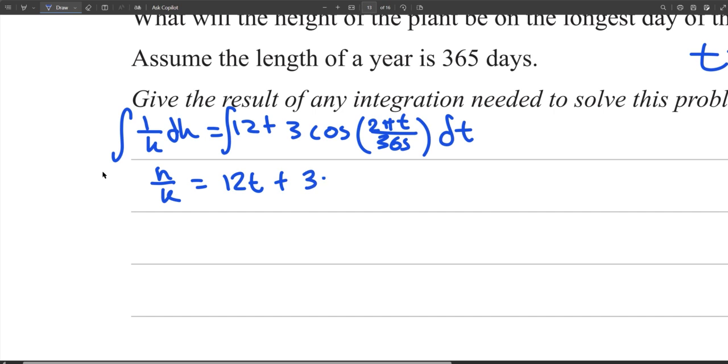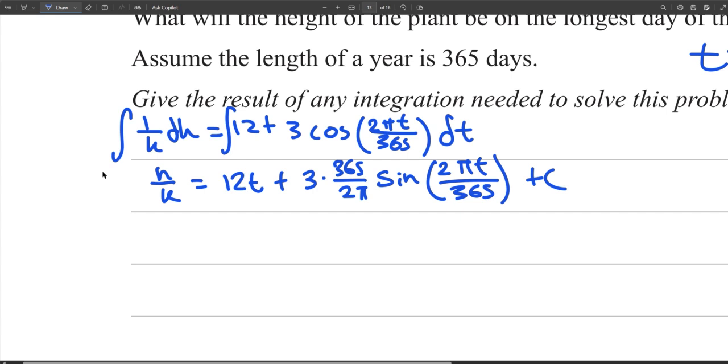The derivative of 2 pi on 365 times time would just be 365 on 2 pi. And the integral of cosine is sine of the same angle, 2 pi t on 365, plus c.